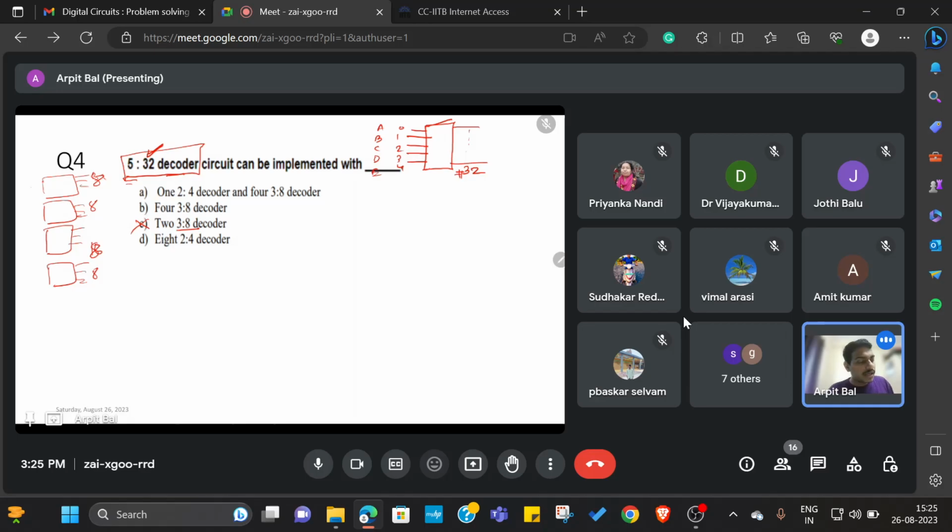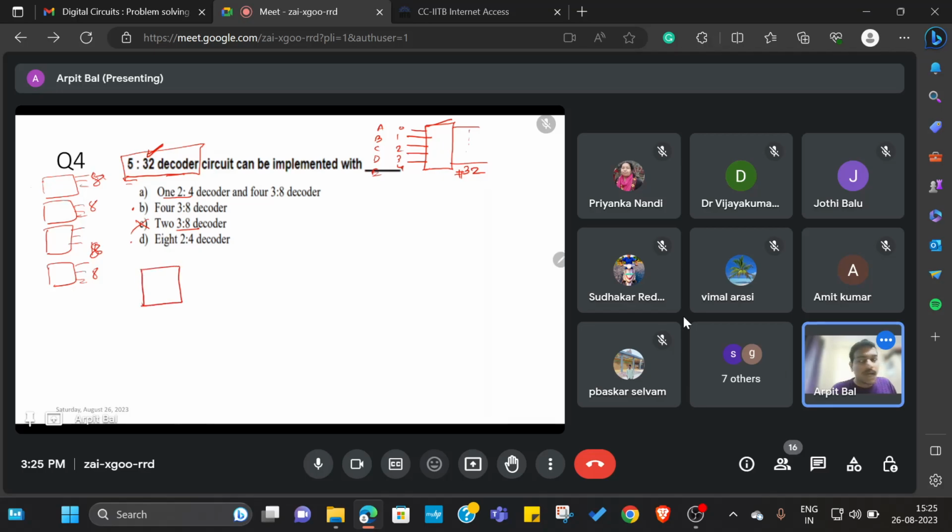You can take it up as an assignment again, and you will observe that that is not feasible using only 4 3:8 decoders. So what we need to do is, let us focus on this one, 1 2:4 decoder.